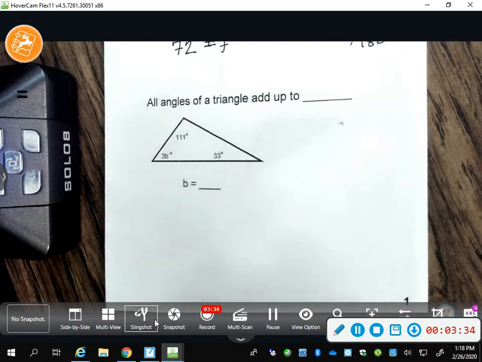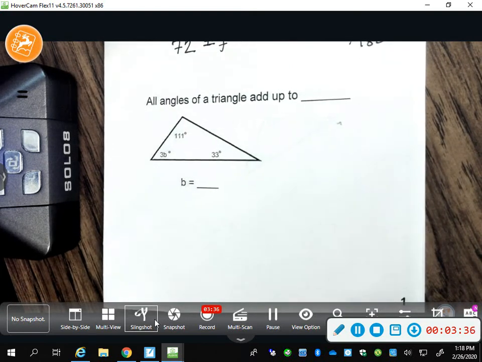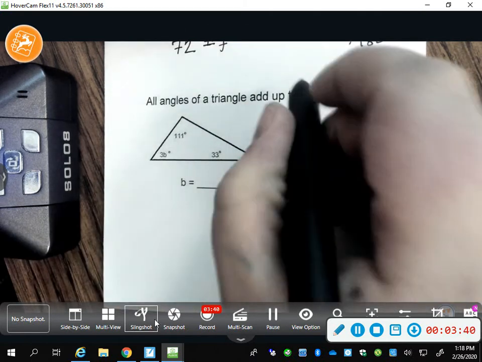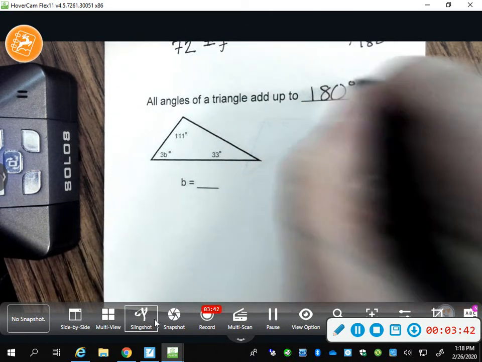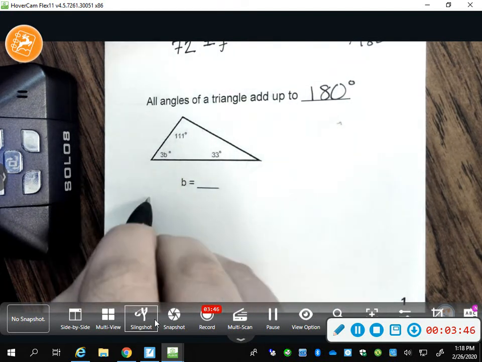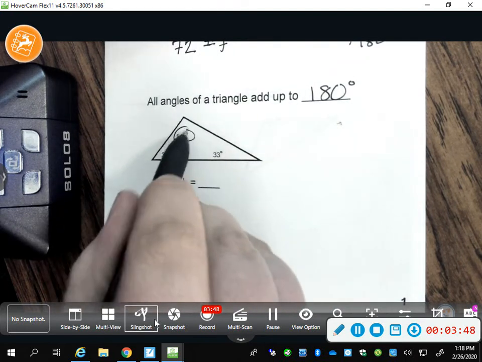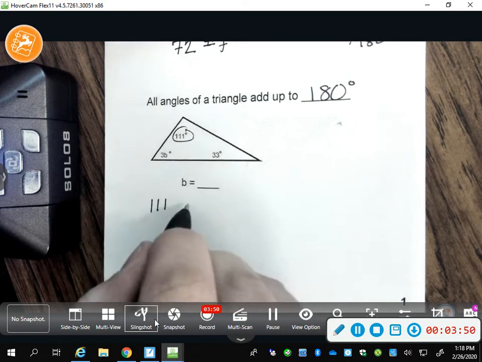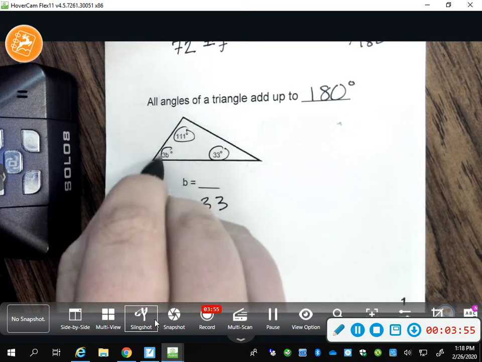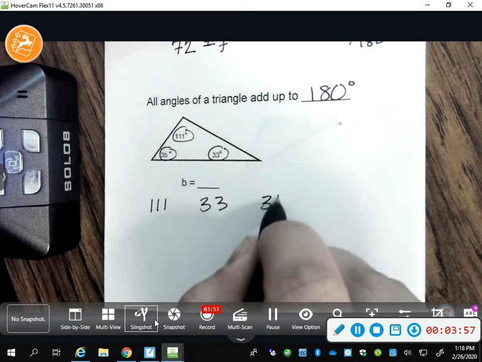Looking at this second example, we know that all of the angles of a triangle will add up to 180 degrees. That means all of my interior or inside angles. So 111, 33, and 3B are the interior angles of the triangle.